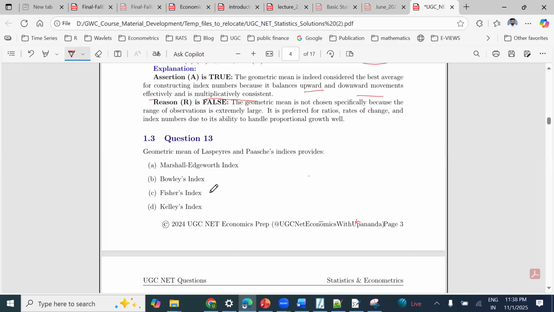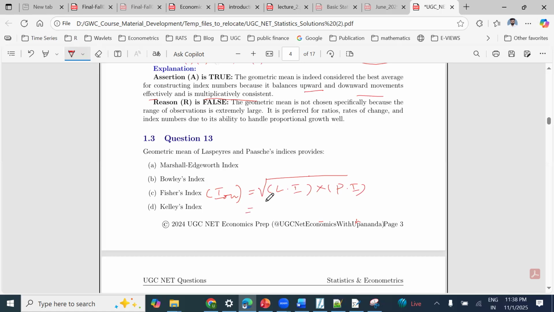You write like this, the subscript you have to be very particular: I 0 n. So you will be writing the square root of Li, short form for Laspeyres index, into Pi, Paasche's index.